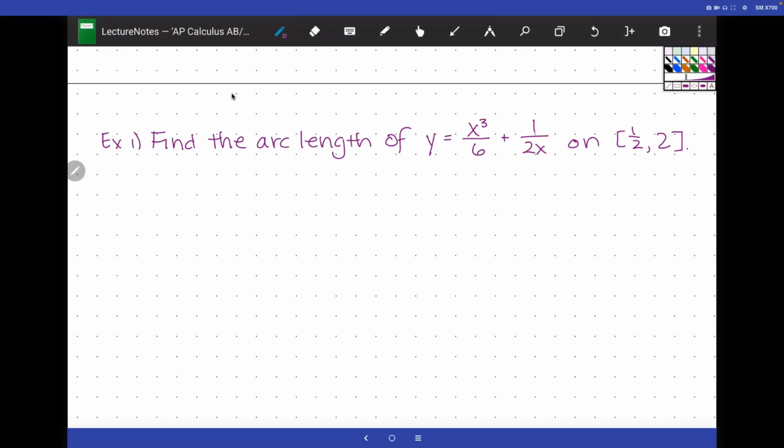All right. Now I'm going to put the arc length formula just off to the side here so we have it as a reference. These problems are pretty straightforward, but then again, it's not the calculus that actually becomes hard. It's the algebra.